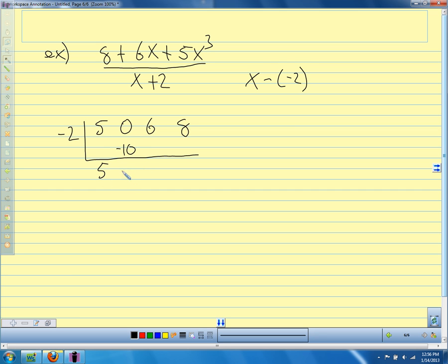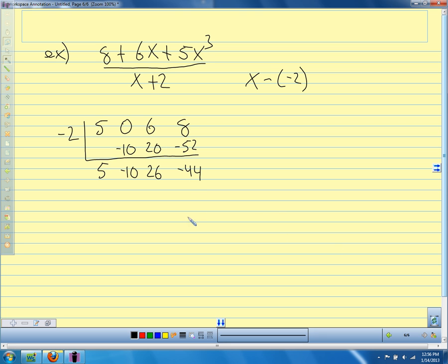I add. I get negative 10. Negative 2 times negative 10 is 20. I add. 26. Negative 2 times positive 26 is negative 52. I add these two, and I get negative 44.